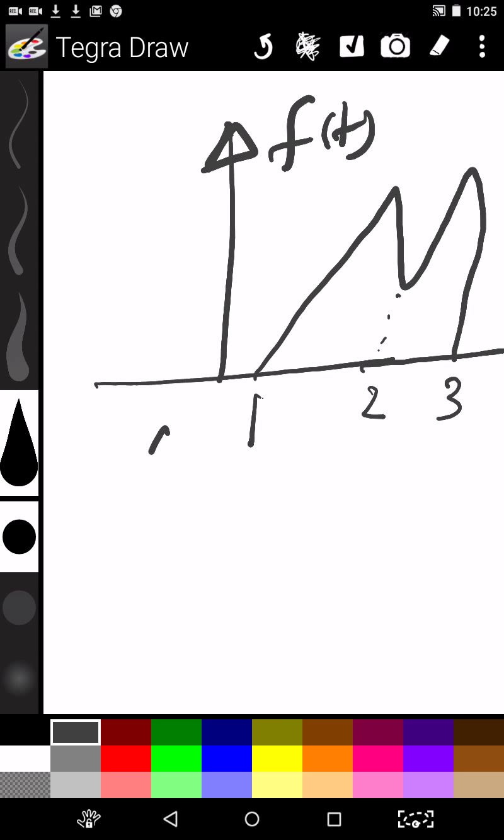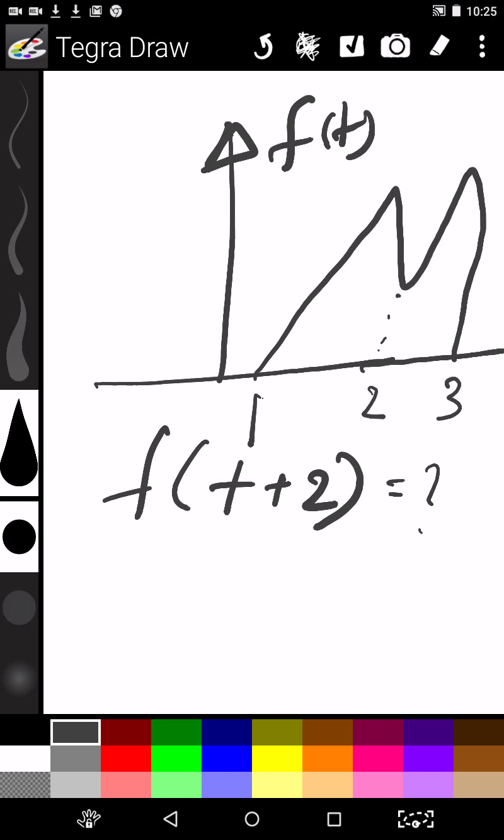Now we have to find f of t plus 2. Here you have to sketch f of t plus 2. The argument added with t is 2, so we have to subtract 2 from every point in the time axis.